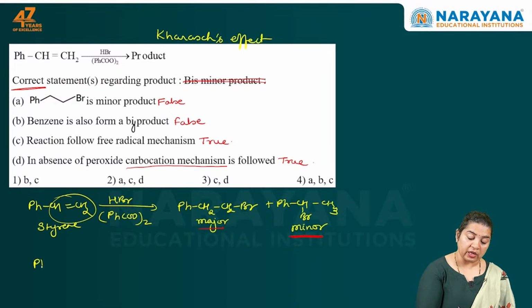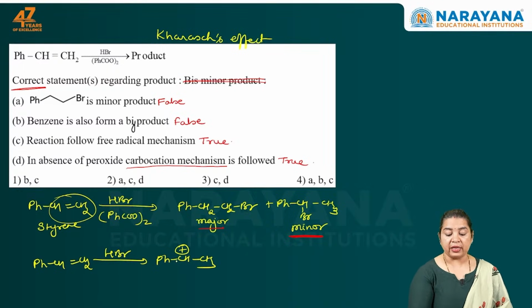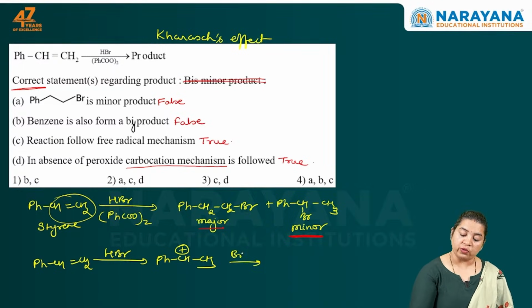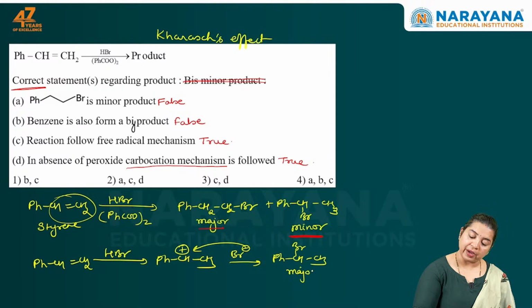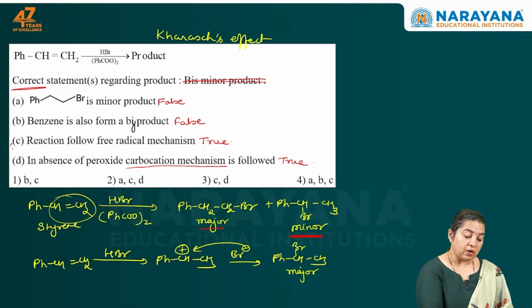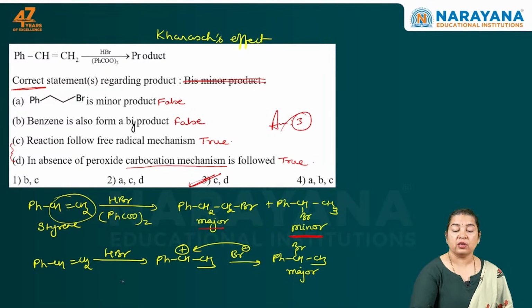So for PhCH=CH2, if peroxide was absent, this carbocation would have been involved to form the major product, PhCHBrCH3, and the anti-Markovnikov product could have been formed as minor. So searching for the best combination of C and D, the answer for this question is the third option.